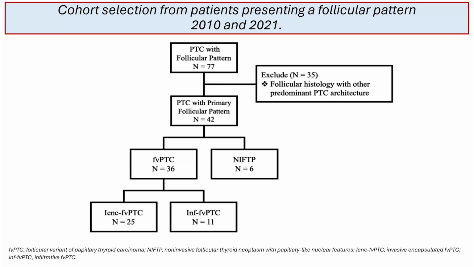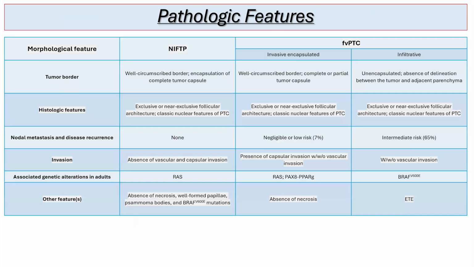And this is, again, a retrospective study, not a prospective study. Looking back at the slides, we came up with 36 follicular variant of papillary thyroid carcinomas because they were infiltrative or invasive. And then there were 6 NIFT-Ps, which were non-invasive, based upon these being adequately sampled cases.